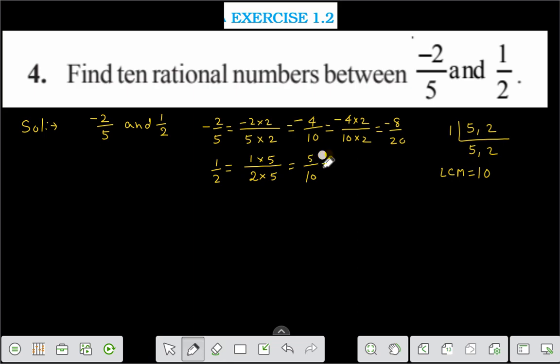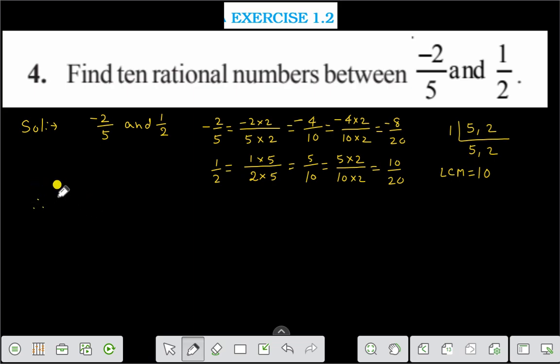Also multiply 5 into 2 and 10 into 2. Then you are getting 10 by 20. Now you will get as many as 10 rational numbers between minus 8 by 20 and 10 by 20.